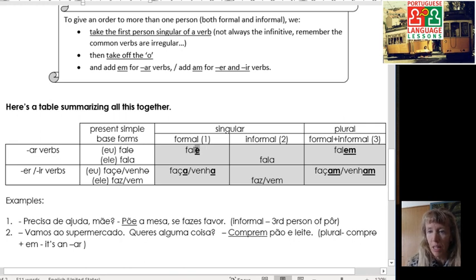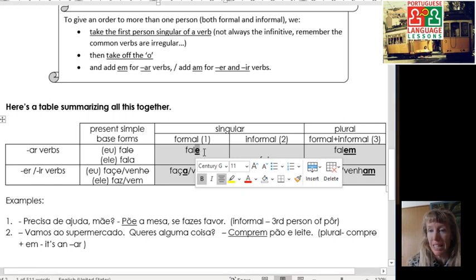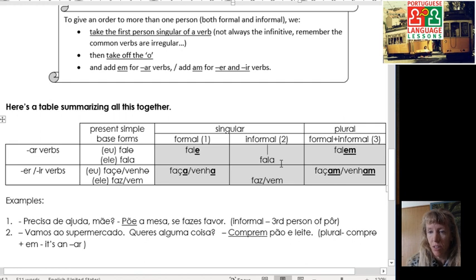If I'm being formal, I would say fale with an E, or fala, just the straight third person form, or falem for the plural. For the ER and IR verbs, for example, faço, venho, faz, vem, here we end up with faça, venha, faz, vem, façam, venham.